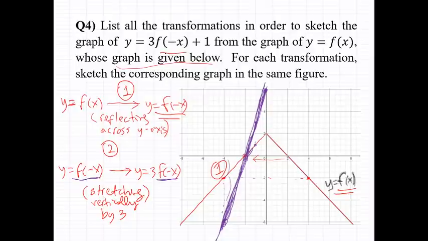Now, this is the second one here. Now, the third one here is y equal to f of minus x. So I don't have space, so I will write it here. 3 times f of minus x becomes y equal to 3 times f of minus x plus 1.